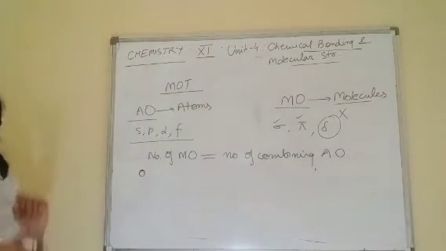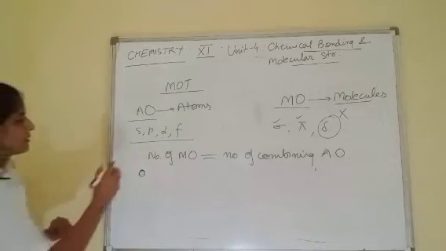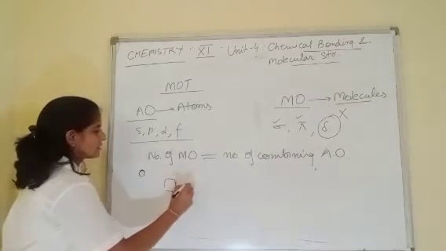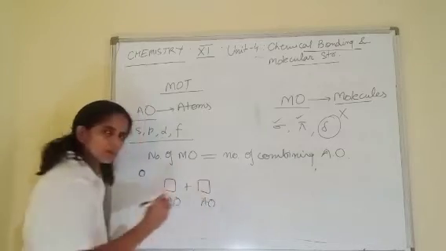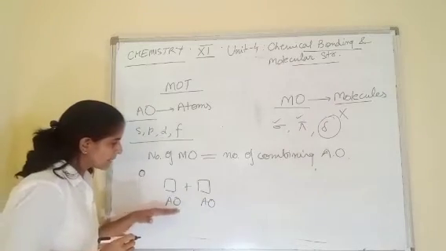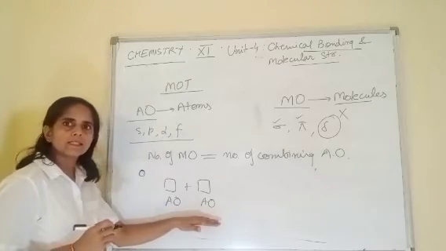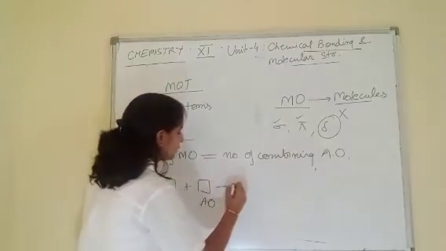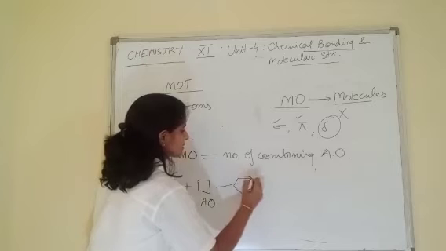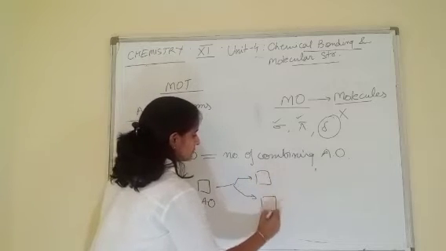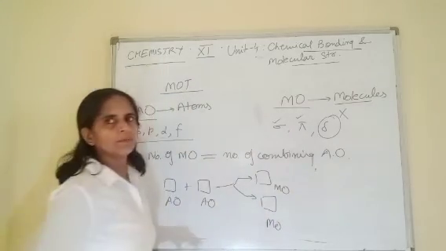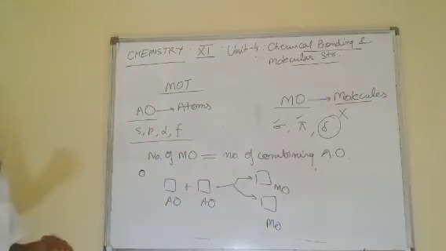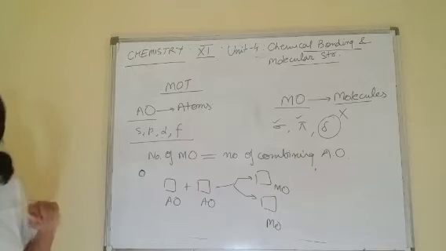Like if two atomic orbitals are combining, suppose these are the two atomic orbitals. Got it? By combining these two atomic orbitals, we will be getting two new molecular orbitals. These are the two new molecular orbitals. Got it? Now, how do we designate them?